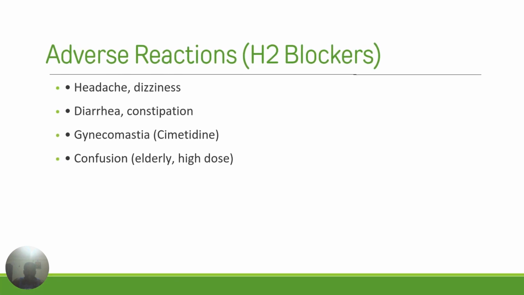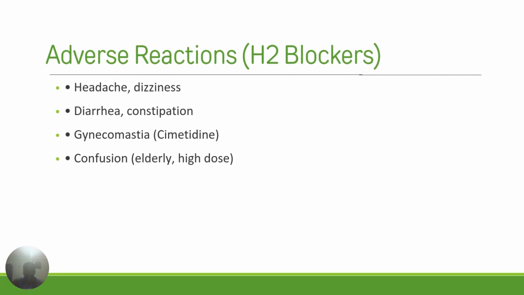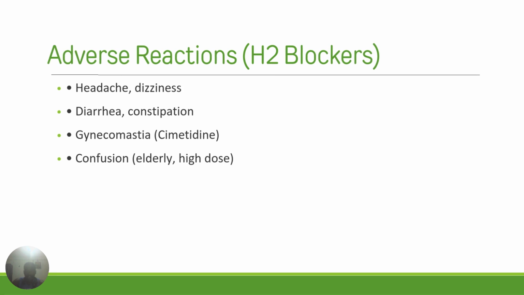For adverse reactions of H2, we have headaches, dizziness, diarrhea, and constipation. Cimetidine can cause gynecomastia. And in the elderly or when you take an overdose, confusion is likely to occur as an adverse reaction for H2 blockers.